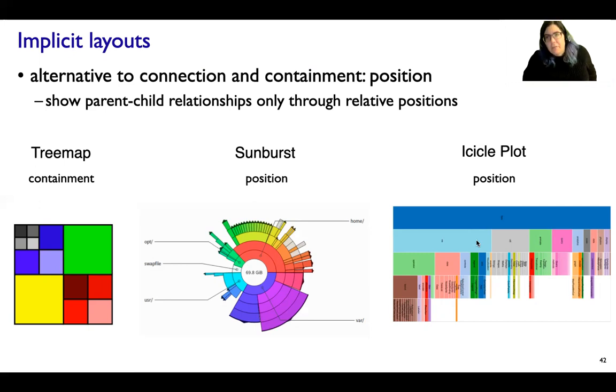So it is certainly possible to do that with trees. We can think of these as more implicit layouts, whether rectilinear in this case or radial here, where we have the root and then move outward. That's an alternative to either connection or containment marks, just implicitly using spatial position.